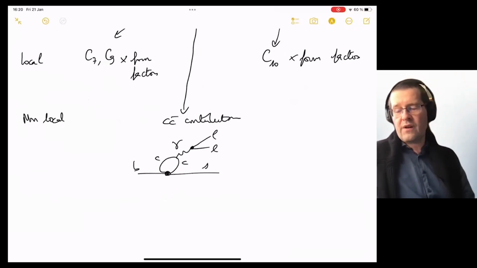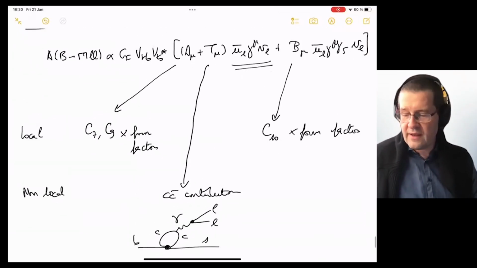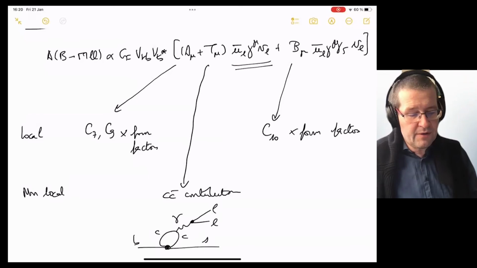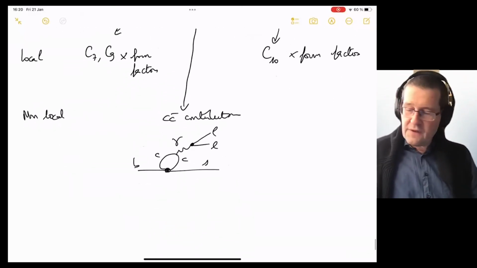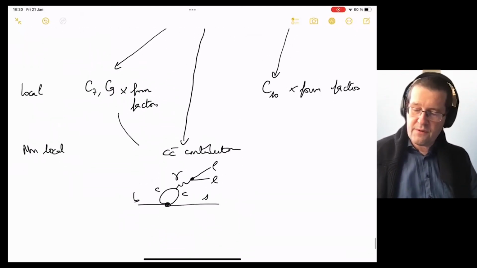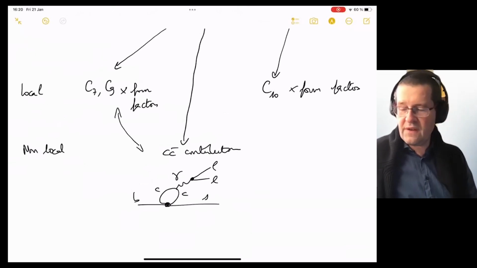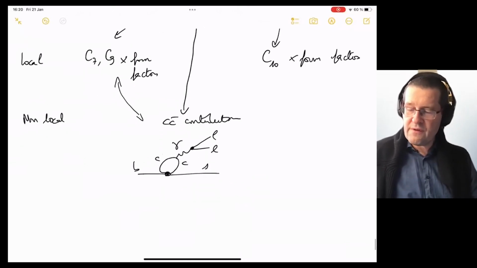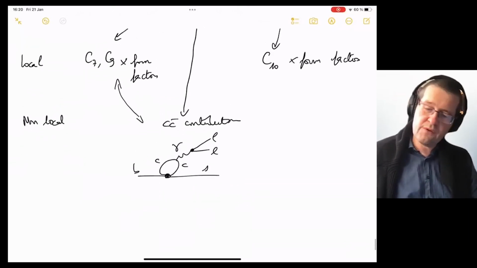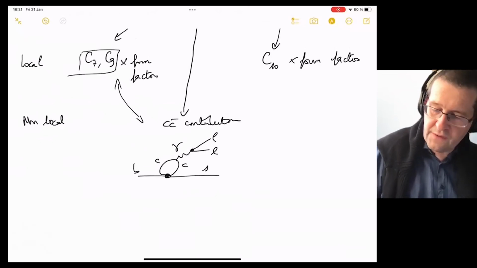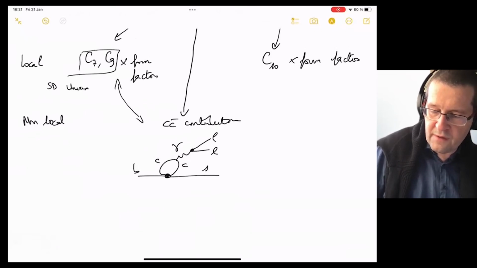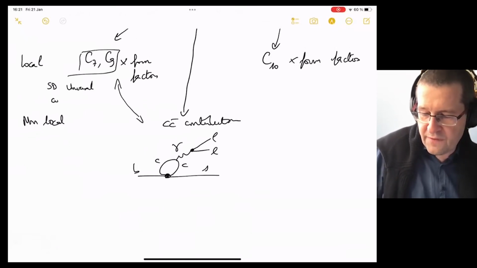So that explains why you do find this contribution only through a vector coupling to the leptons, but not otherwise. So it will contribute together with C7 and C9. However, there are some differences, because C7 and C9 are just short distance universal coefficients.